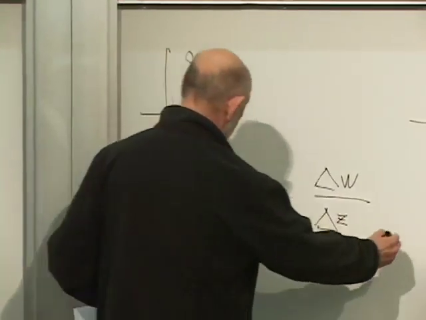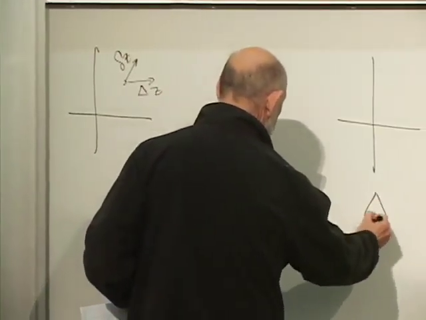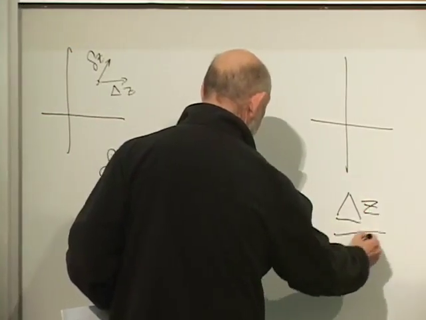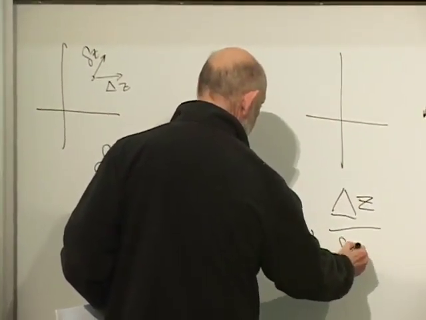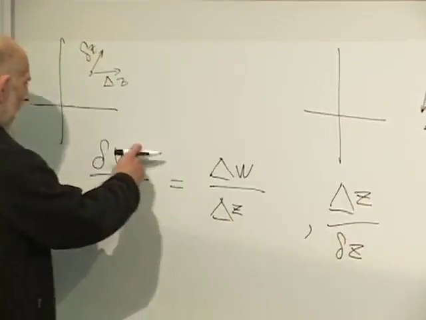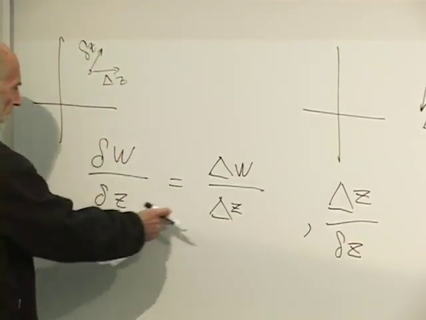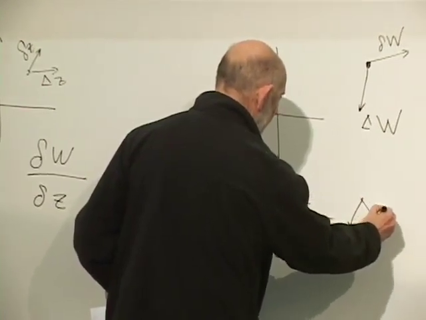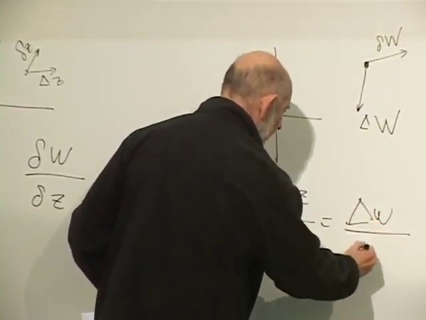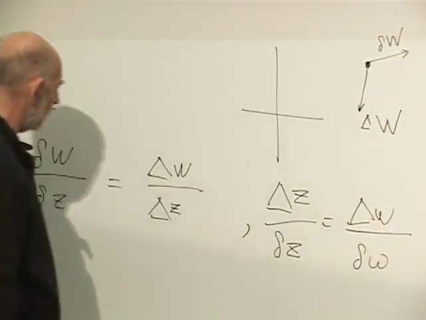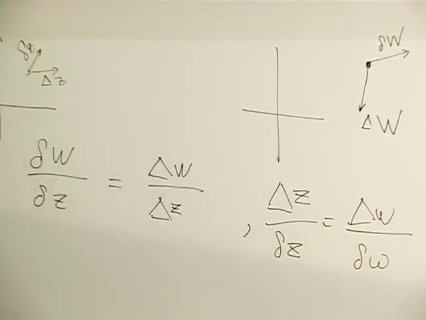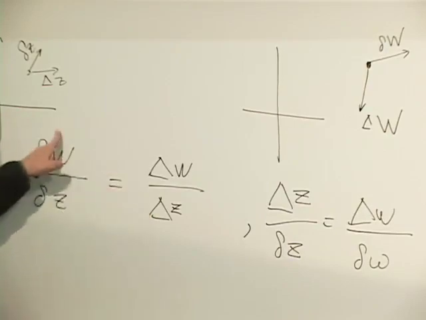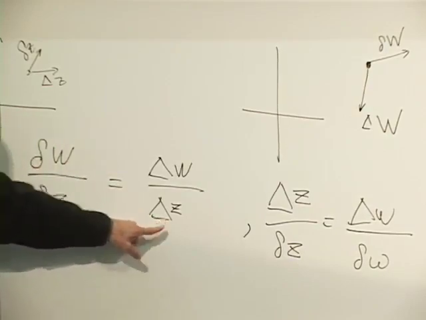We can write this in another way: it's big delta z divided by little delta z, equal to big delta w over little delta w. Everybody see what I did? I put this one upstairs and this one downstairs, that's all.